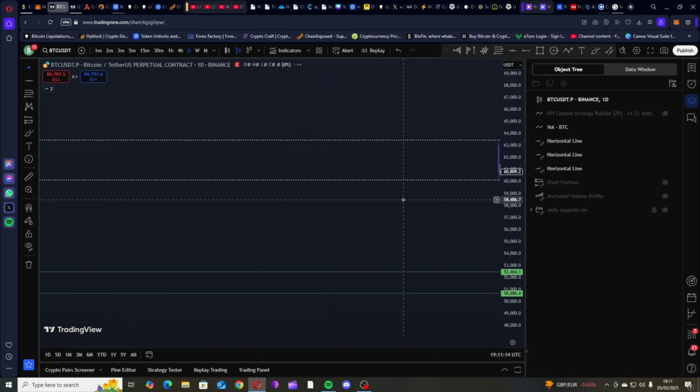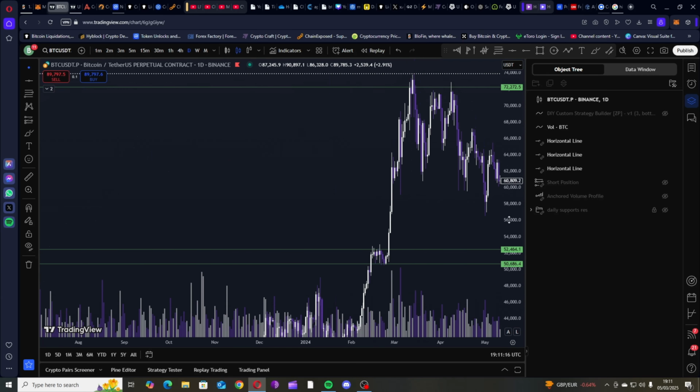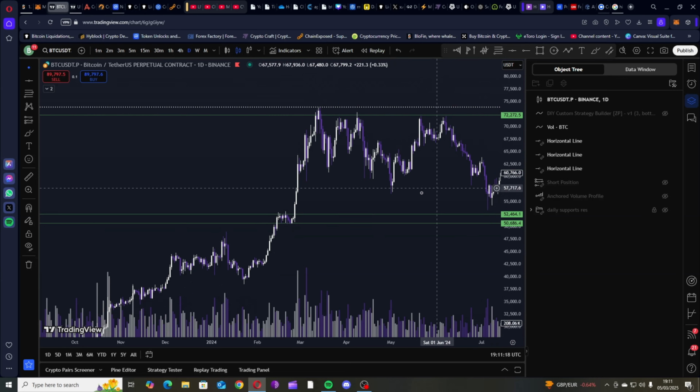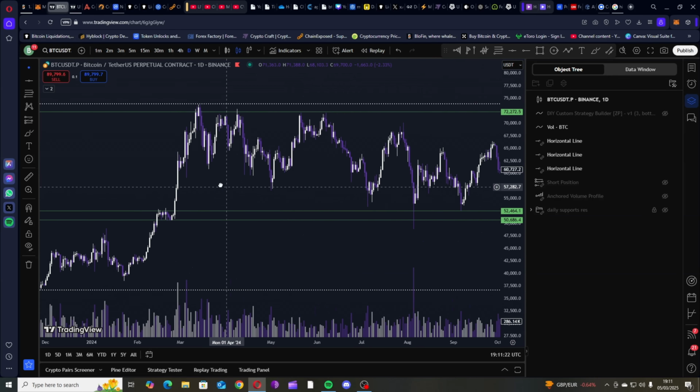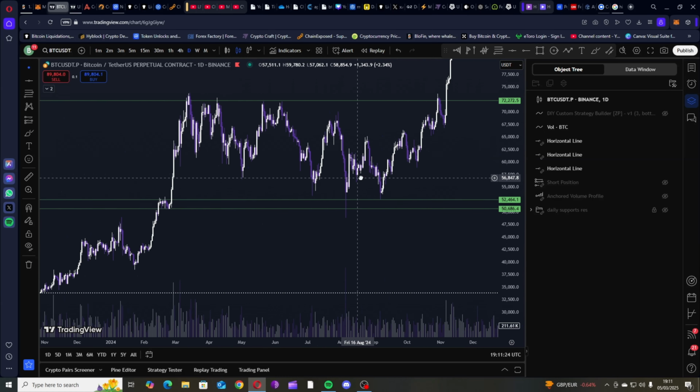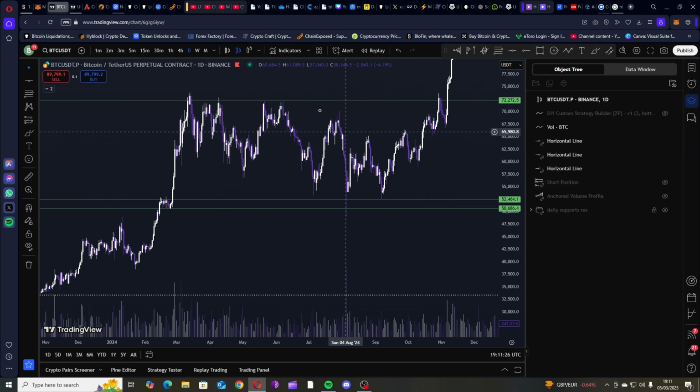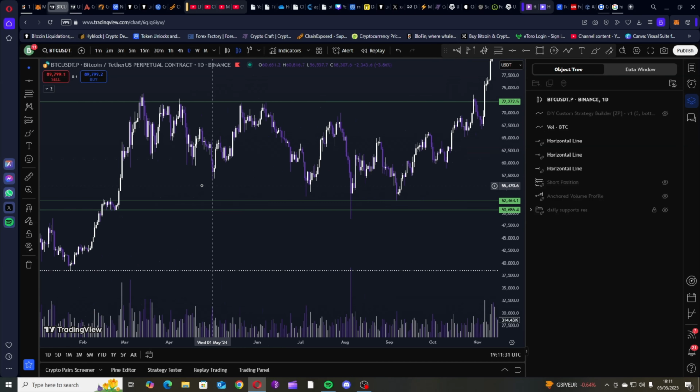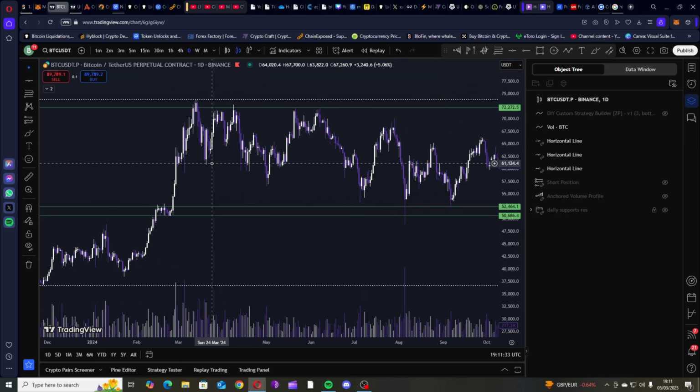So let's go back into the daily again. And we've analysed that price action there. Now what we're going to do is analyse this price action here. So we've got a clear support area that had been forming here.